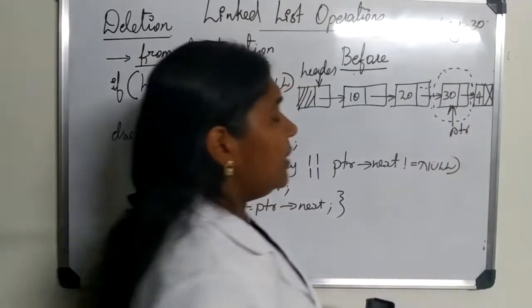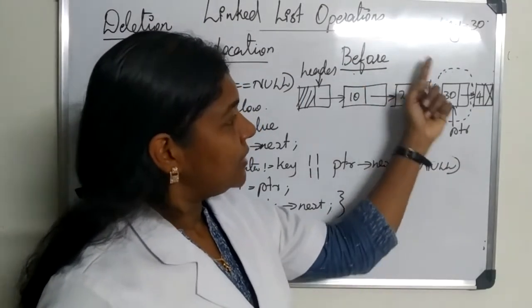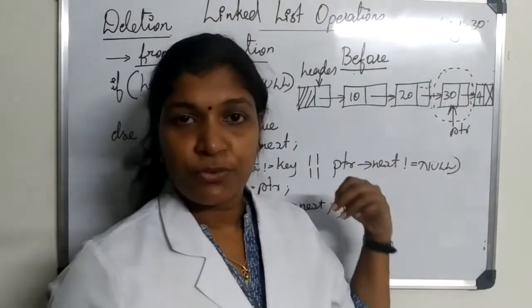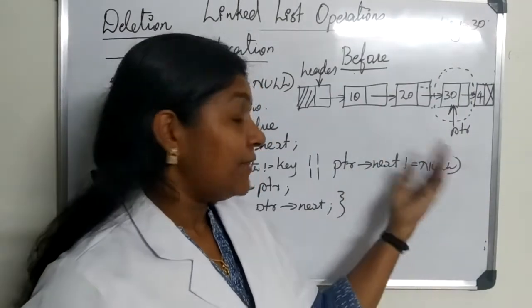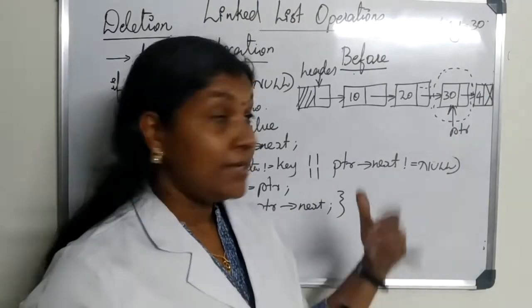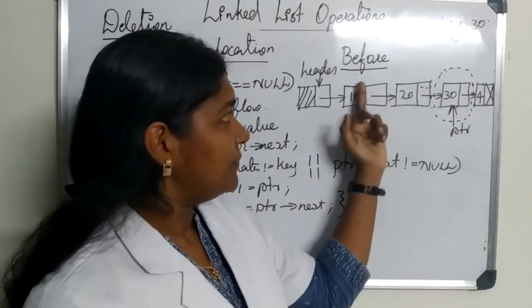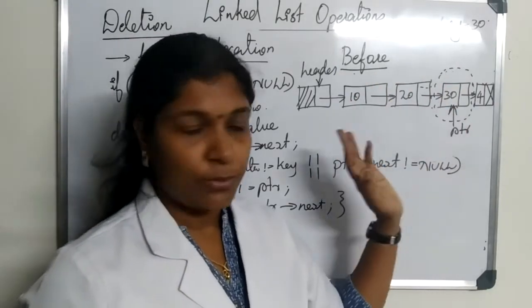So we know how to make a pointer PTR point to the first node and to traverse till this node, that we know already, right? Because we have already considered insertion, traversal, searching, then deletion two cases. Okay.